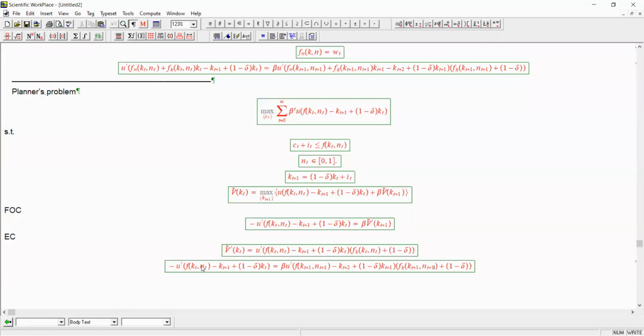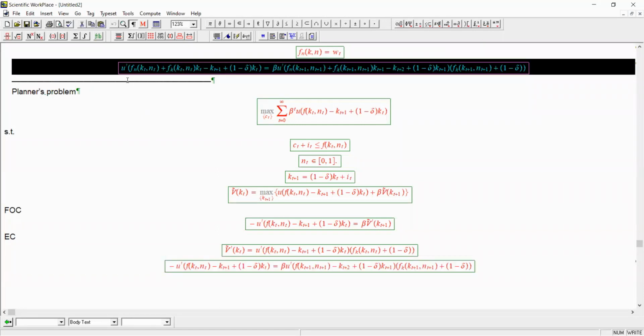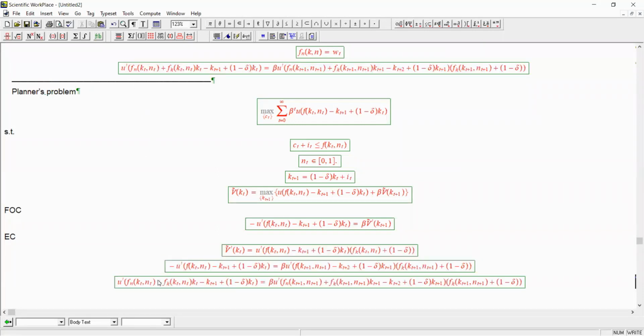Now finally, let's compare this Euler equation to this one. I'm going to copy it underneath. I'm going to have to clean it up a little bit. I'm going to contend that these two are exactly the same. How come? Well, the reason is straightforward.